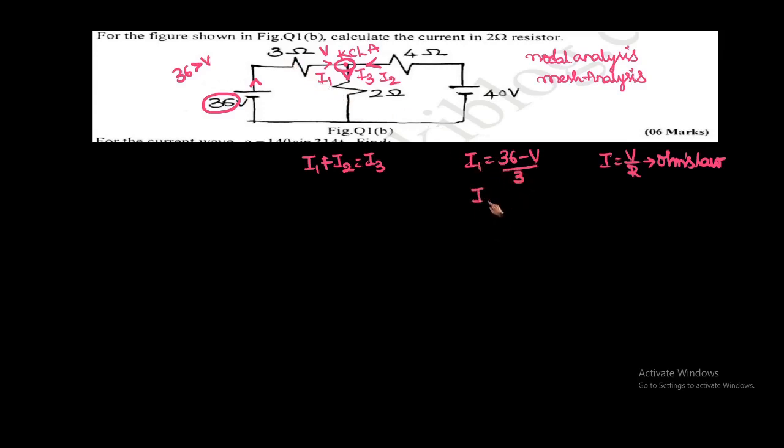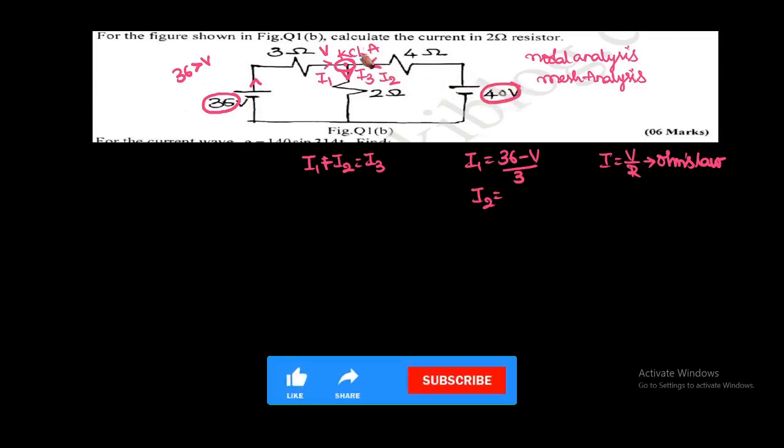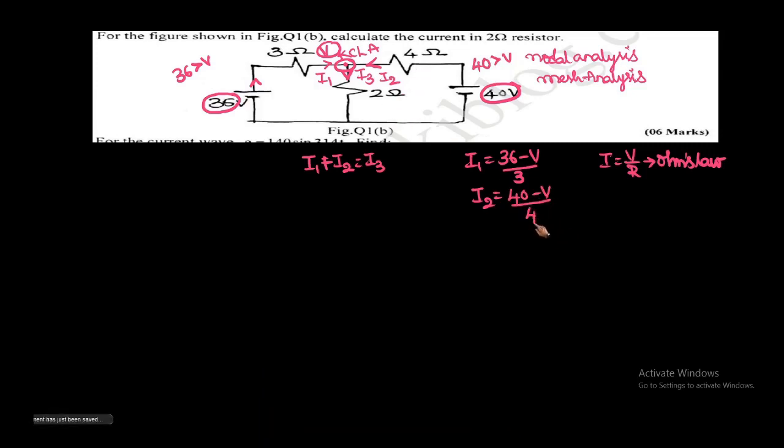Next, I2 is equal to 40 minus V divided by 4 ohms, since 40 is greater than V. Next, I3 is equal to V minus 0 divided by 2, since the reference voltage is 0. So I3 is V by 2.